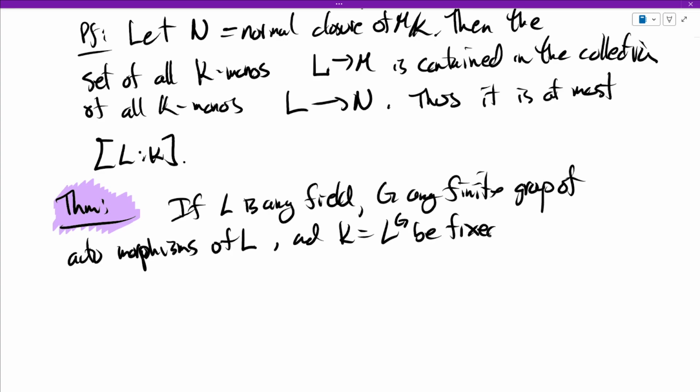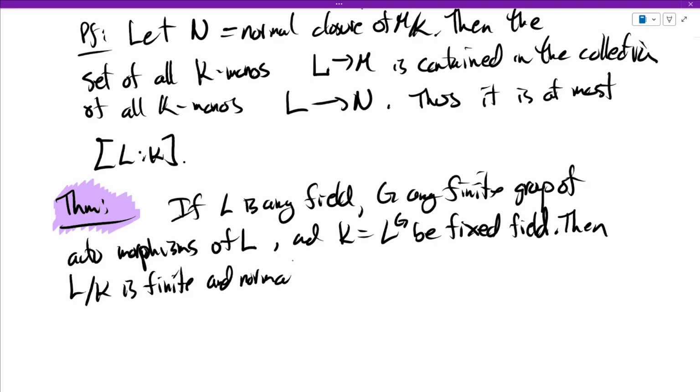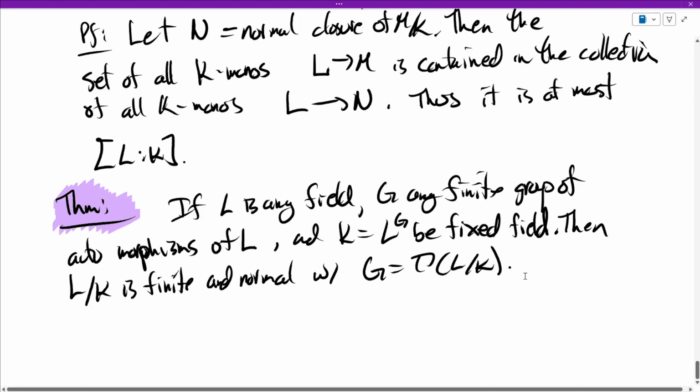Okay, so now they're K-automorphisms because G fixes them. Then L over K is finite and normal, with G being the Galois group of L over K. So it's saying any finite group of automorphisms is the Galois group of some extension, and it's this particular extension where you take the fixed field as the thing you're extending.